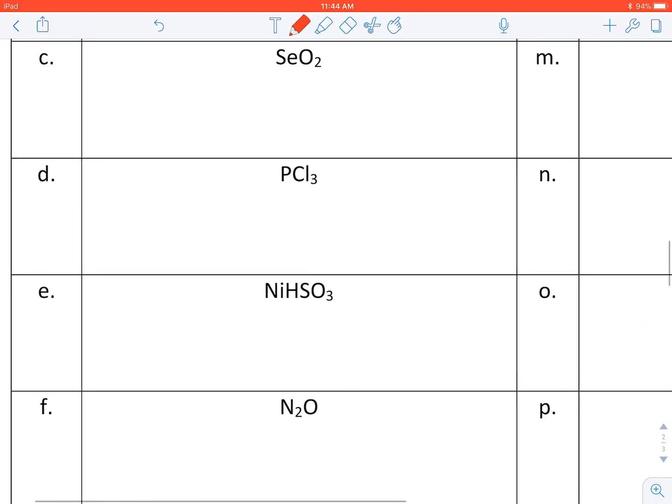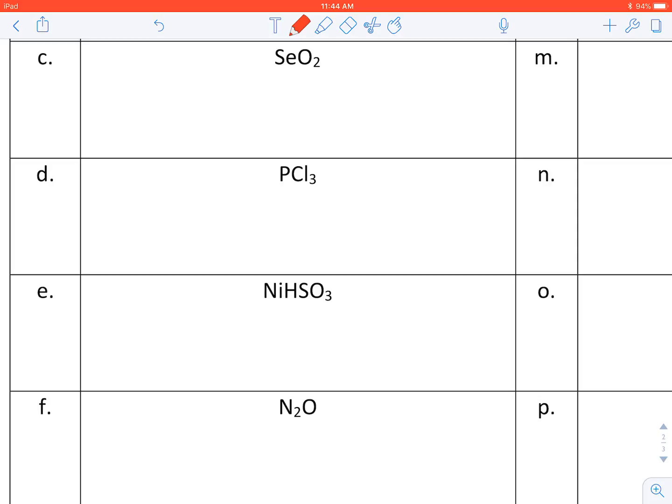Okay? As we roll down, we've got SeO2. Se, we should see it's on the right side. It's a nonmetal. So we're going to say it's covalent, right? Remember, we check out the first one. And it's covalent. So we've got Se, which means we use prefixes on covalent.